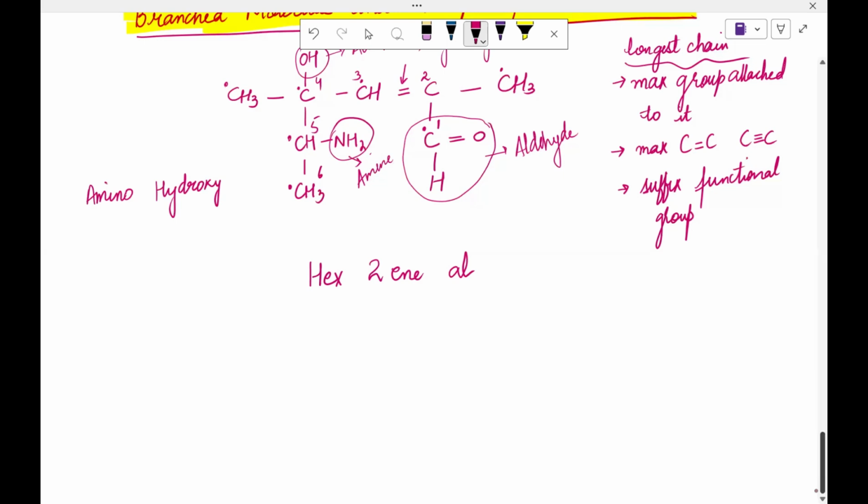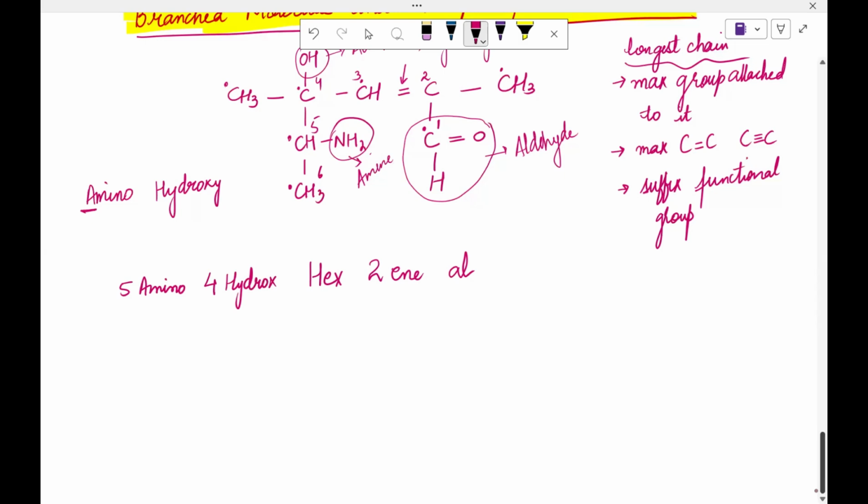Amine starts with A, so alphabetically it comes before, and the hydroxy group, we will place later. The amine group is at fifth, so that would become 5-amino, and that would become 4-hydroxy.